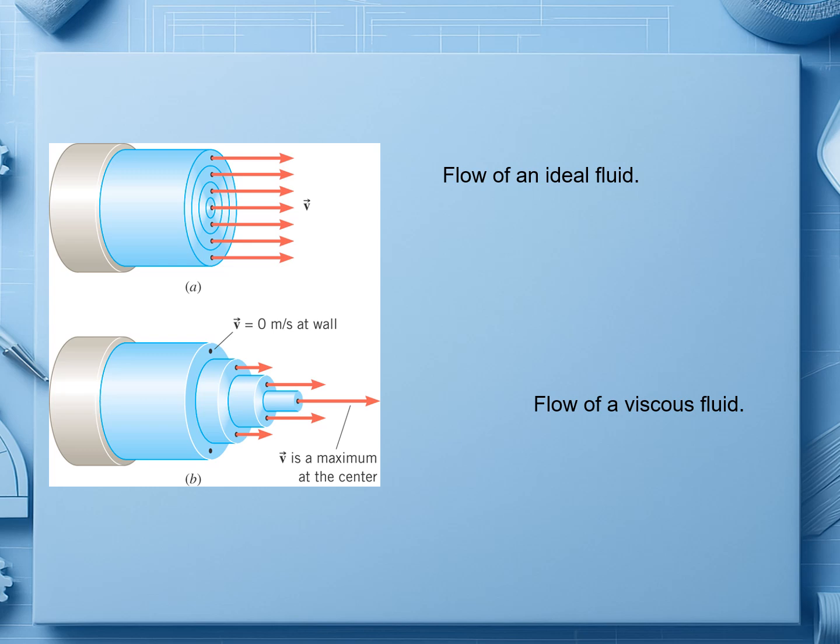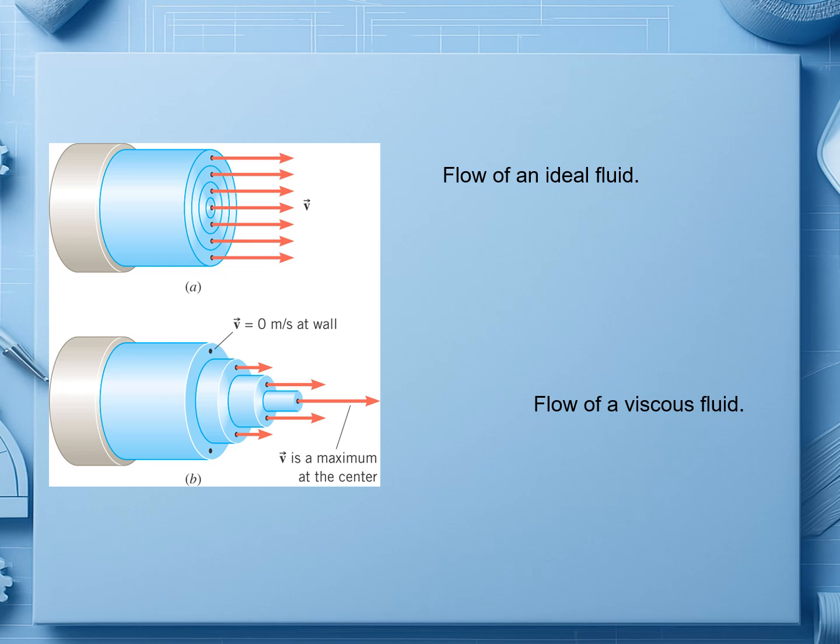This one illustrates the flow of an ideal fluid, and then in letter B, it is the flow of a viscous fluid. The velocity is maximum at the center and zero at the outer part or along the wall.